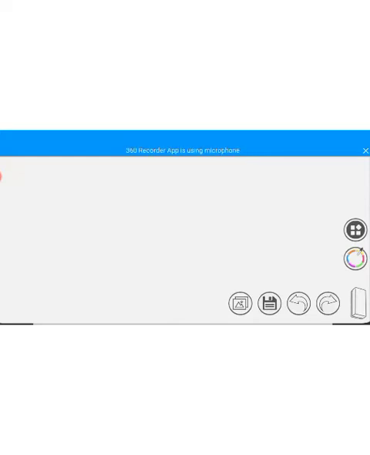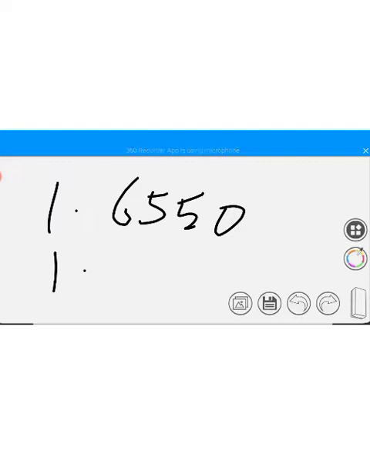So for example, they said that we should go for a long position at 1.6550. That is the current market, and the market went to 1.6600. What is happening? You have already made 50 pips, because they said that you should go long at 1.6550.